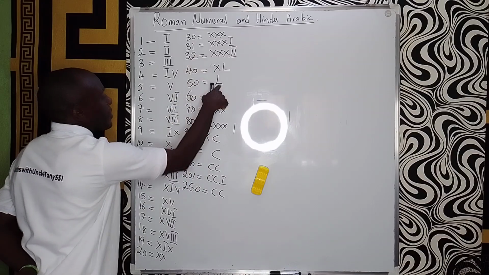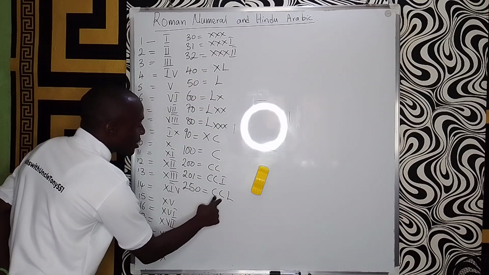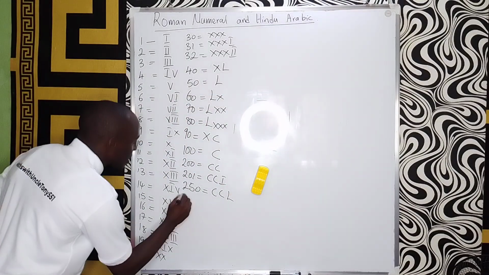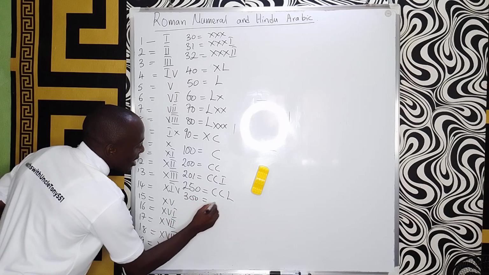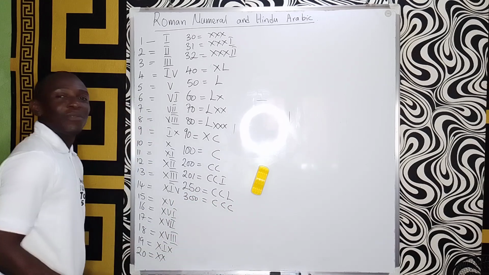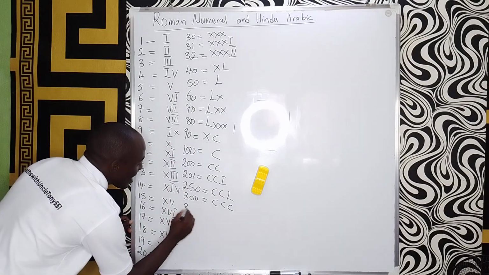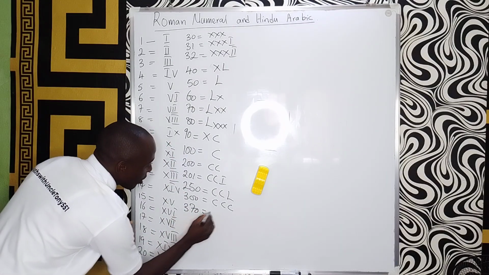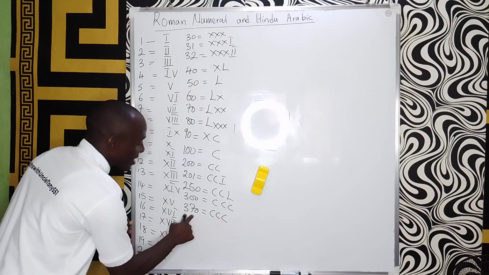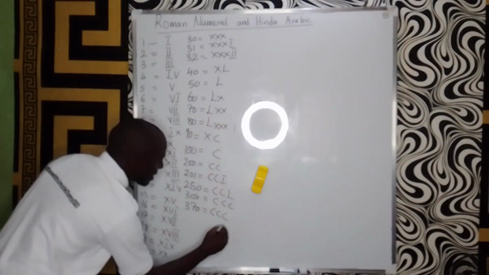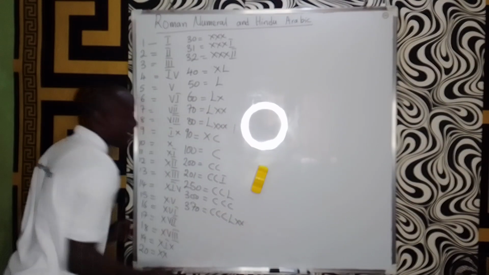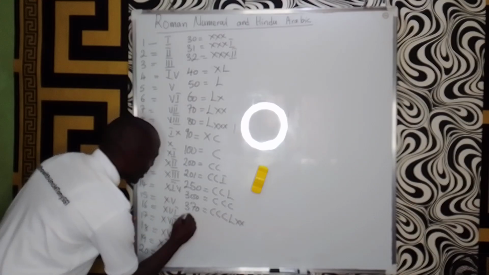My 50 is L. This is CCL. Okay, what about 300? It's CCC. So what about 370? That will be 300, CCC, then 70. My 70 is LXX. So what about 400?